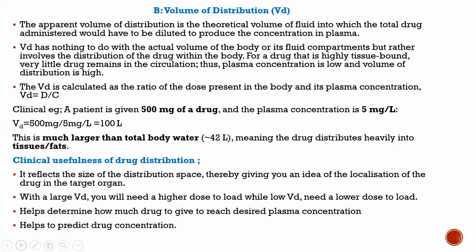Let's look at the volume of distribution, which is the theoretical volume of liquid into which the total drug administered will have to be diluted to produce the concentration in the plasma. What this volume of distribution is actually talking about is when a drug is being administered in the body, all right?